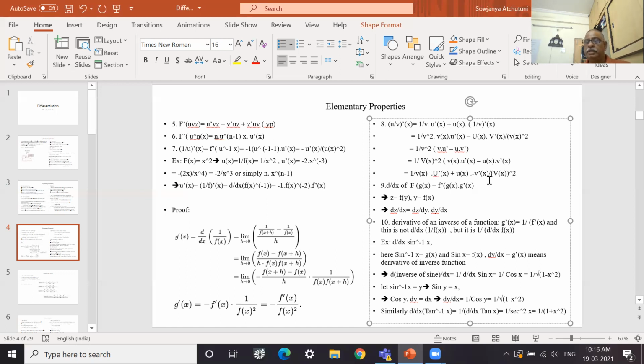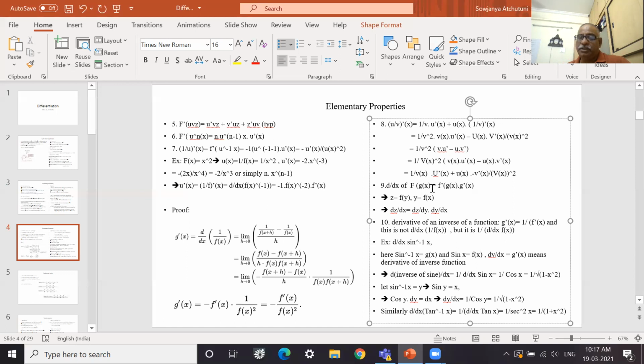So this is the differentiation. So I am taking (v x) whole square out, and I am getting v x u dash x minus, this minus is there, minus u x v dash x. So this is the formula, and this is the uv method. Both are okay.